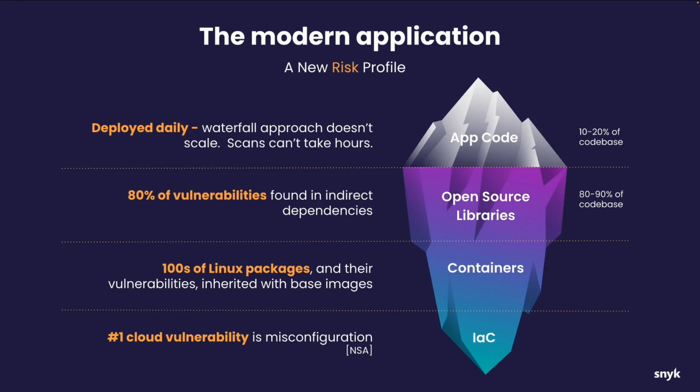Now, if we dissect a modern application, it's very much like an iceberg. At the tip of that iceberg, we have our first-party or proprietary code, which is a small part of the overall code base, but it's frequently touched and deployed daily in some cases. So this means we need to scan for security issues quickly and highlight those issues before developers move on and change contexts.